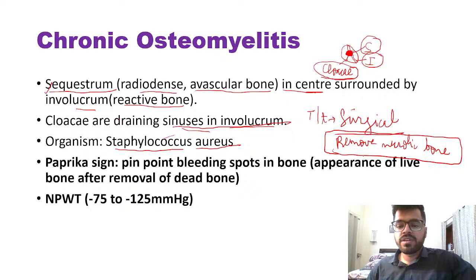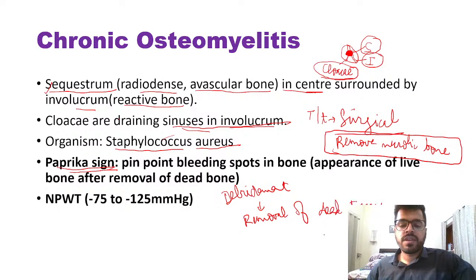We have to remove till the appearance of live bone, and that can be seen by the paprika sign. What is the paprika sign? When we do debridement, that is removal of dead tissue and bone, we have to remove till the appearance of live bone.